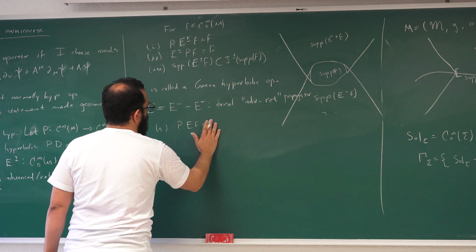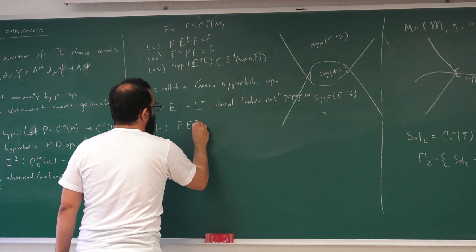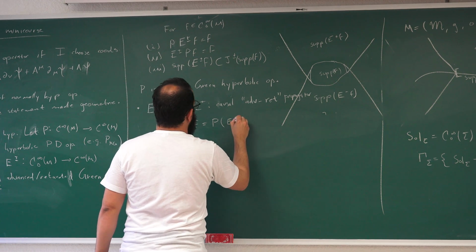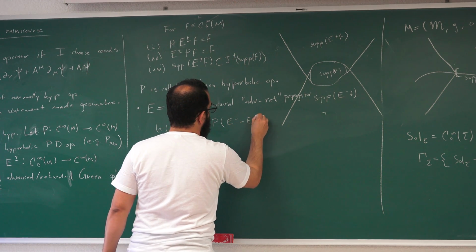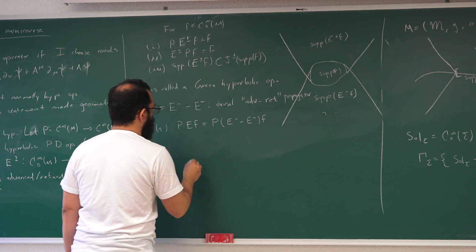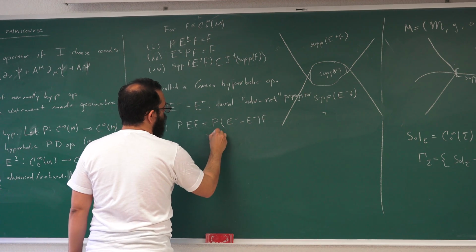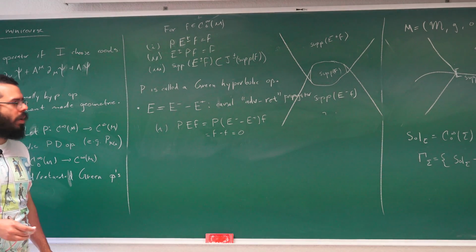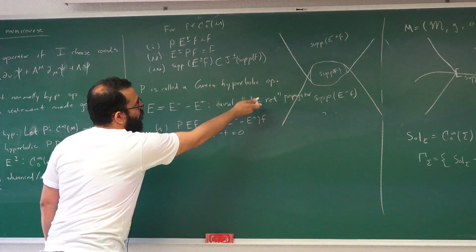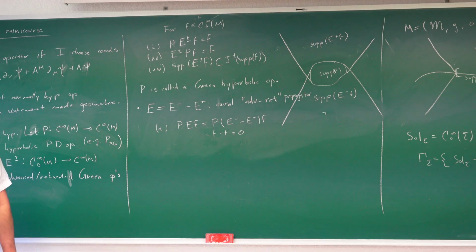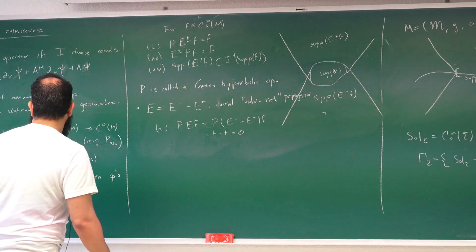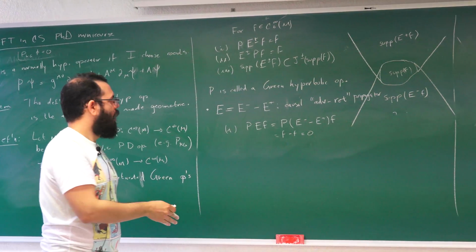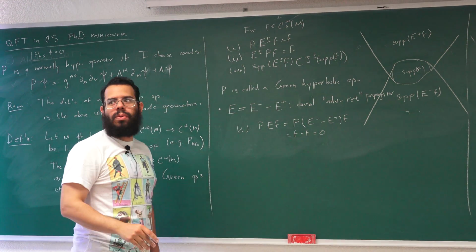But if I write it like this, E minus minus E plus acting on f, this is equal to f minus f, this is equal to 0. You can solve the Klein-Gordon equation using this distinguished gentleman. I should say that these guys are unique. The advanced and the retarded are unique, hence this guy is also unique by construction.